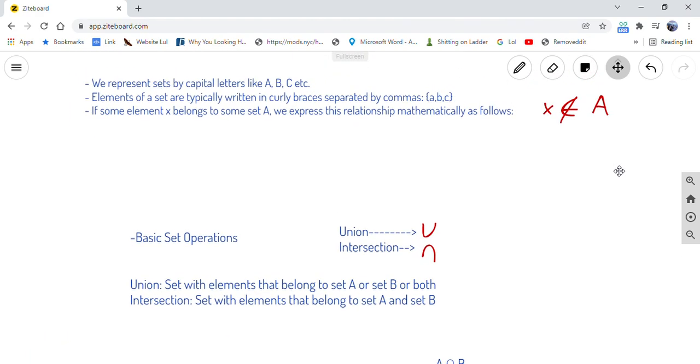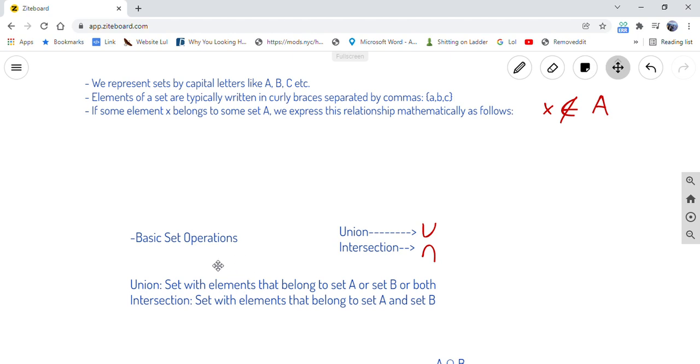These are very elementary. These are operations, just like you have operations with numbers, and you have different sorts of operations on functions, and you have operations on sets because they're mathematical objects. We define the following operations: a union and an intersection between two sets, right?